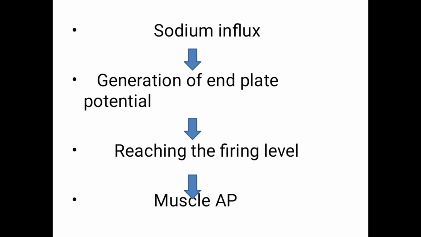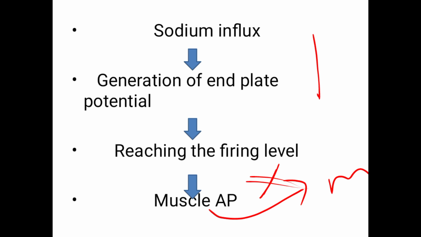From one muscle, it is not passed to another muscle, only from the nerve to the muscle. So from the nerve, the action potential is transmitted to the muscle by releasing the neurotransmitter acetylcholine.